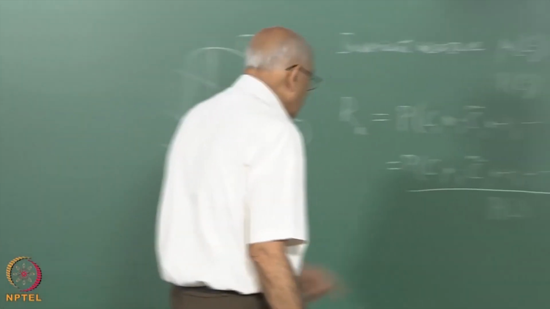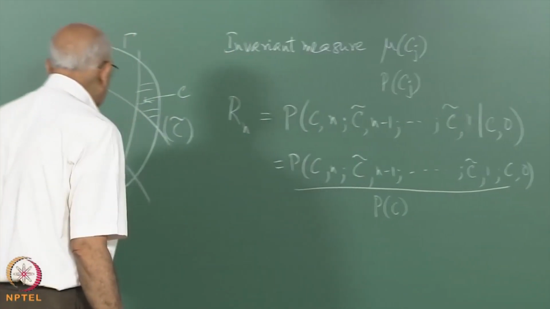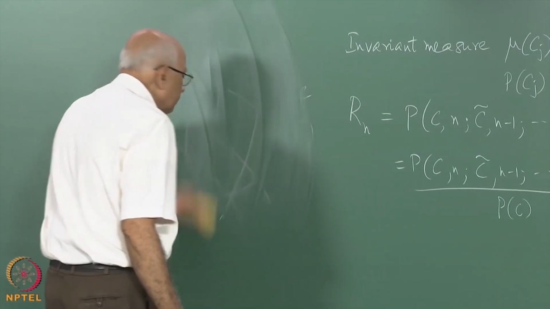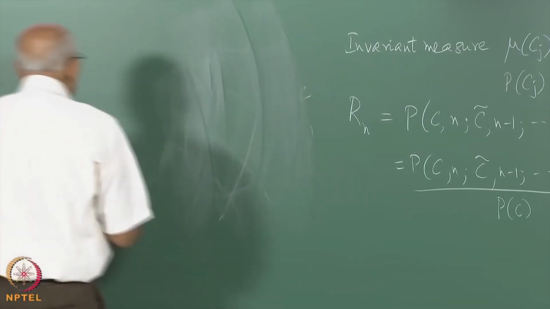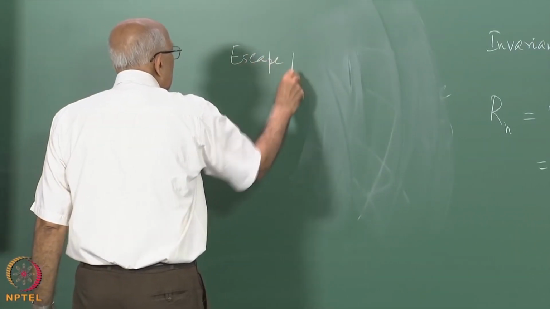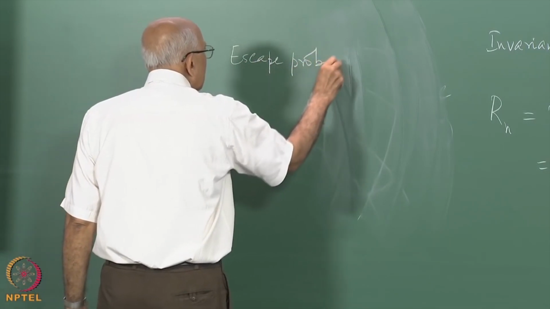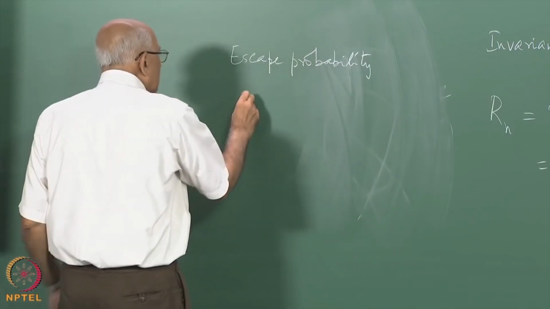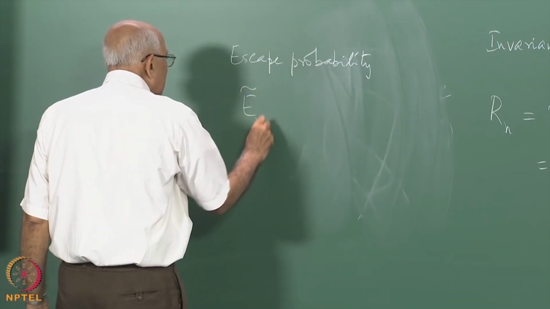So this gives us the sojourn probability, and the next step is to ask what is the escape probability. So the escape probability out of C tilde, so let us put again over here E n tilde.